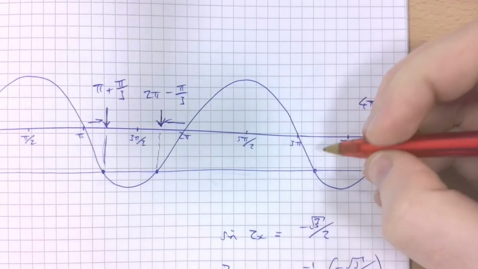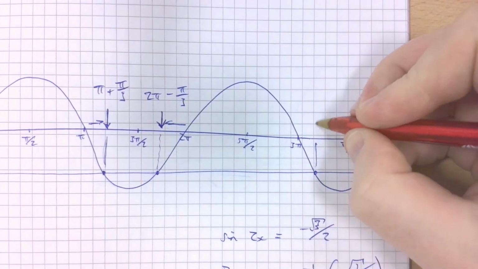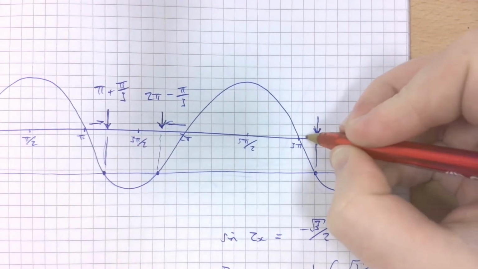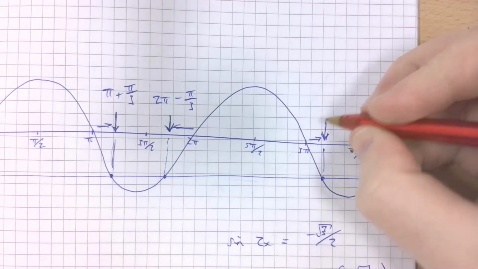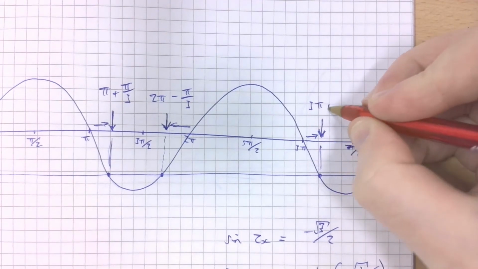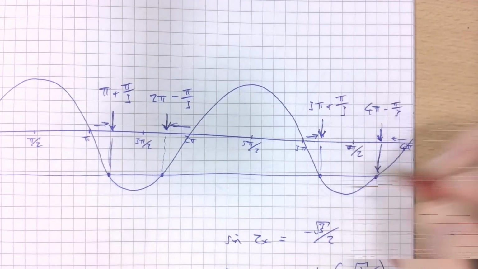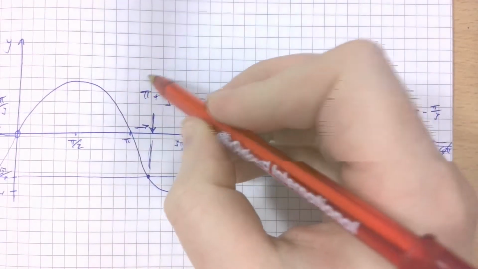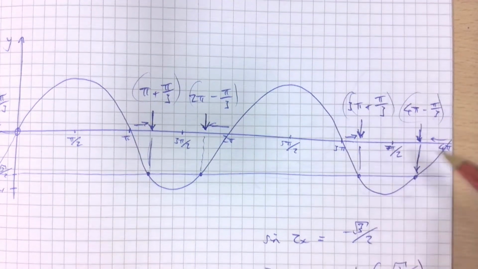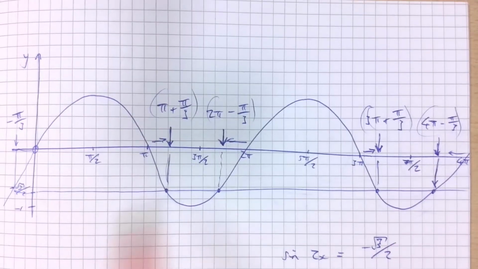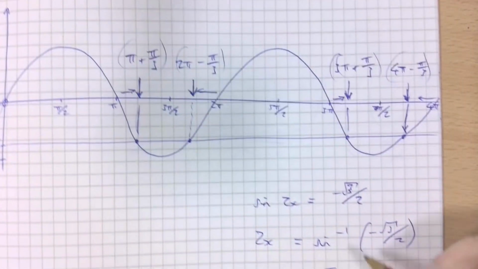And then similarly, over here, I might be detecting a bit of a pattern. This is 3 pi plus pi over 3. Okay, so 1, 2, 3, 4 solutions between 0 and 4 pi for this particular question.